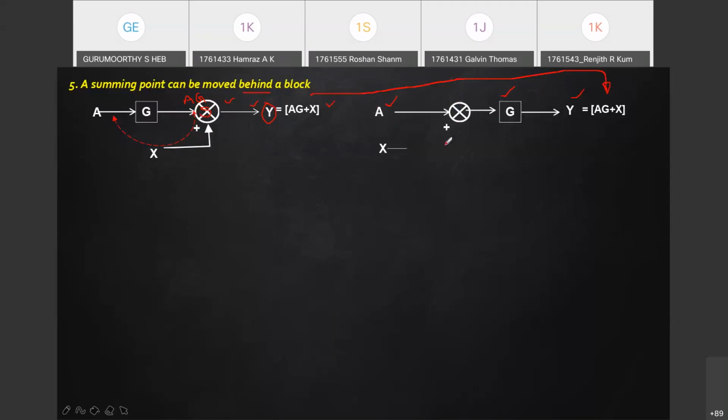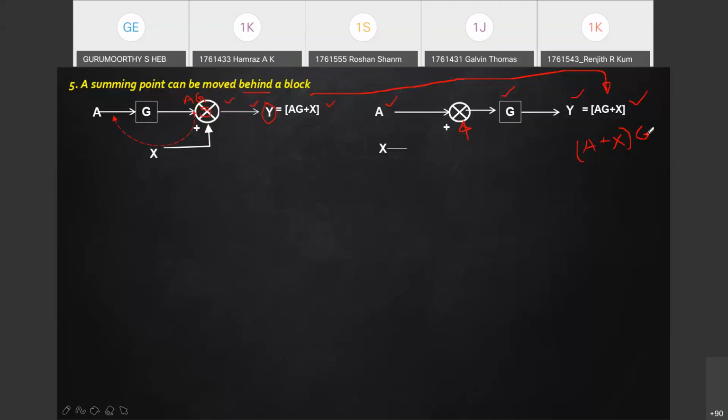So if you put X here, then it is A plus X, into G. As it is now, if you take X there, it will be A, then plus, you are adding X, then the whole thing multiplied by G when it comes here. So it is AG plus XG, but we should have only AG plus X, not AG plus XG. So then what to do?